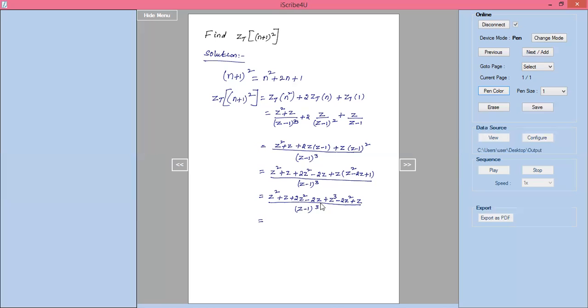Now remaining is the z cube term plus z square divided by (z minus 1) whole cube. This is the Z transform of (n plus 1) whole square. Right. Next problem.